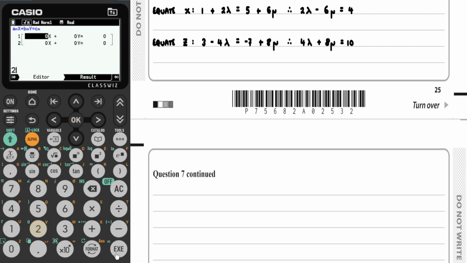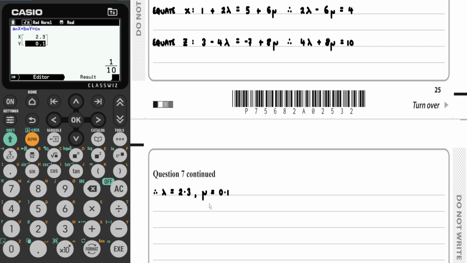We have 2 lambda subtract 6 mu equals 4, and 4 lambda plus 8 mu equals 10. So I've got lambda equals 2.3, and I've got mu which is equal to 0.1.